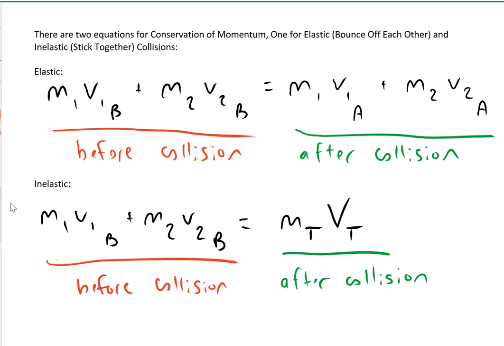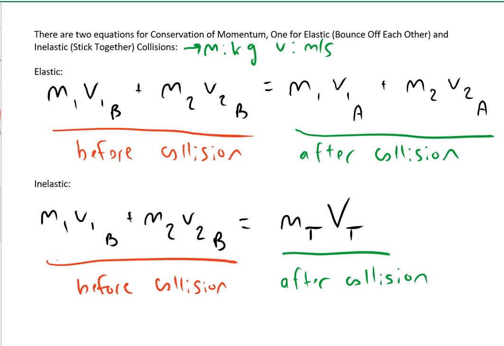The good news is they're actually not that bad, but let's go ahead and break down what we have here. In these, we only have masses and velocities. So let me label this here for you. Our mass is always going to be measured in kilograms, and our velocity is going to be measured in meters per second.